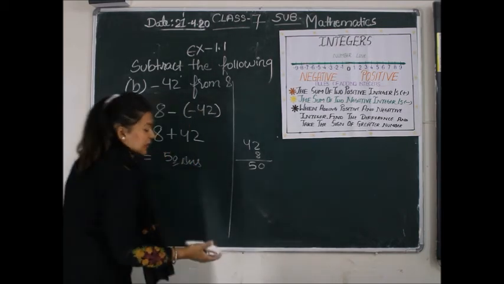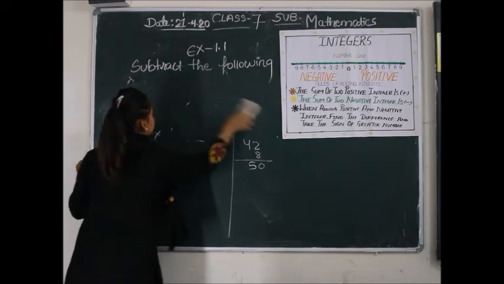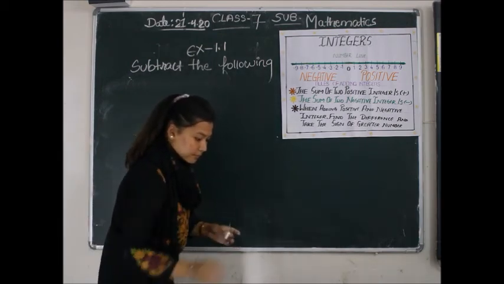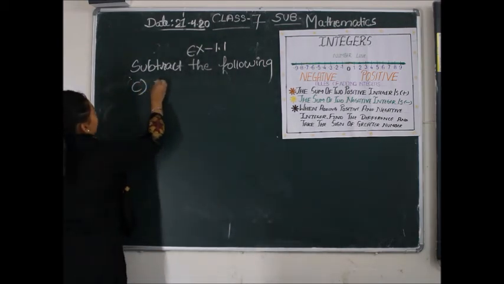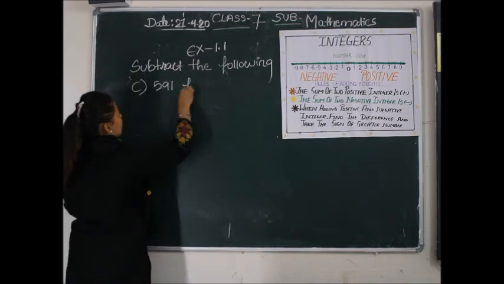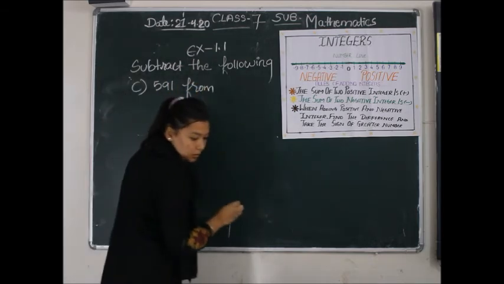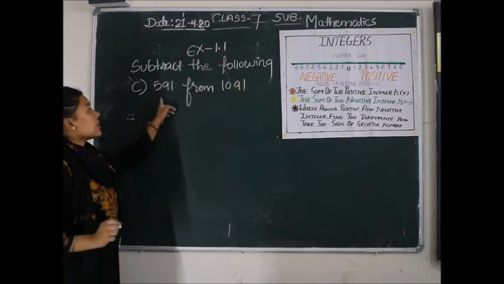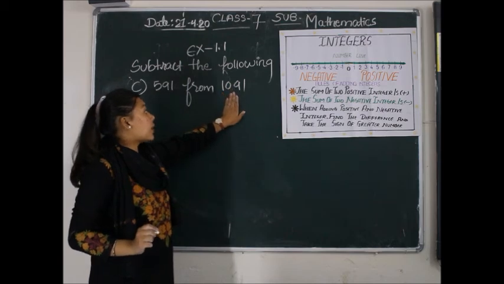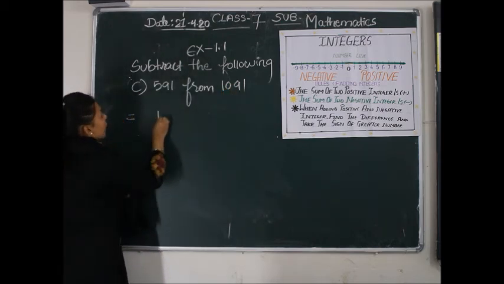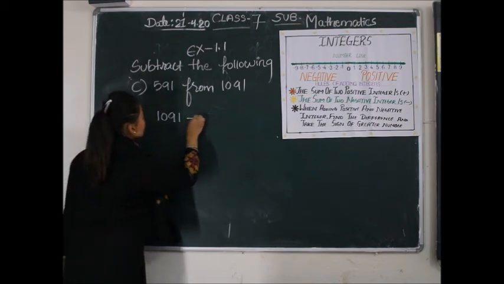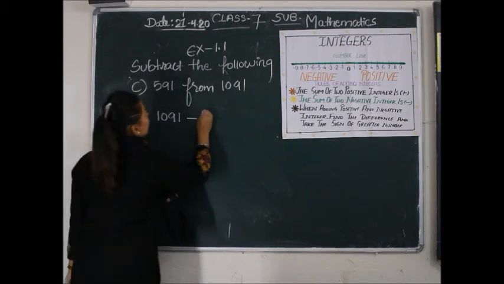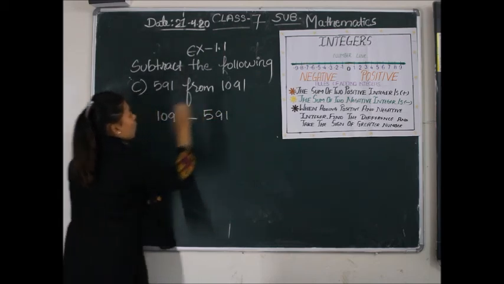Now let's go to number C. 591 from 1091. So we need to subtract this from this. Again, we have to write this number first: 1091 minus, what is the other number? This is just positive, no need to put it inside the bracket. We can just do 591.